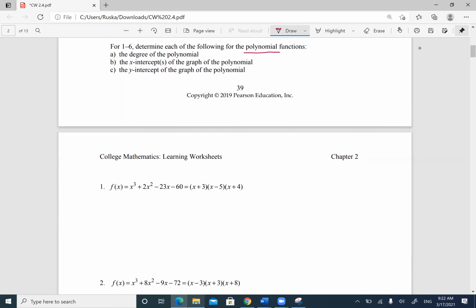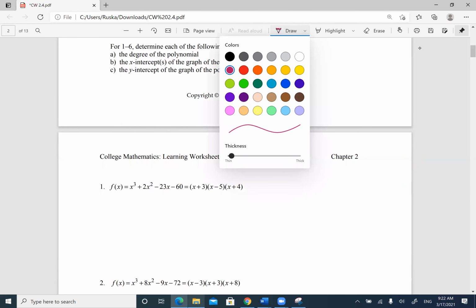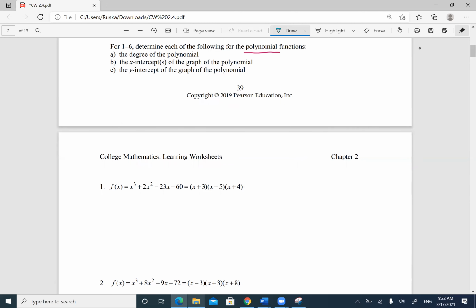Okay. So, looking at my example 1, this is my polynomial function, and then equals, they factor it. So, when you factor it, it's going to look like this. And it's really easy because they give us the factor form, because the factor form is going to help us to find the x-intercept.